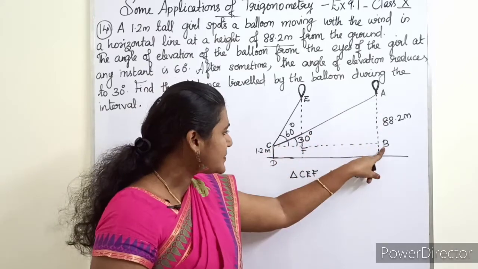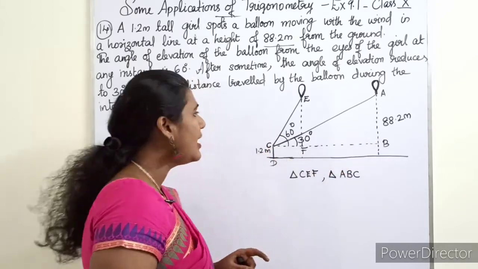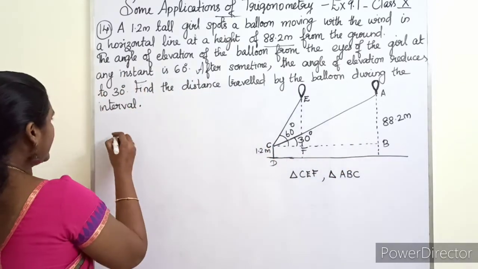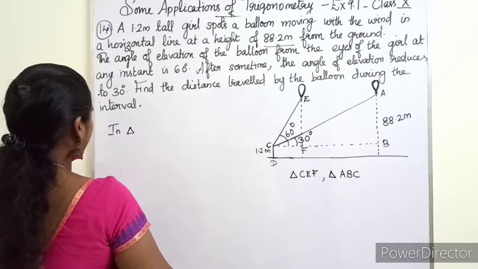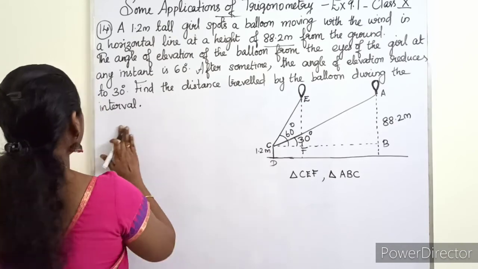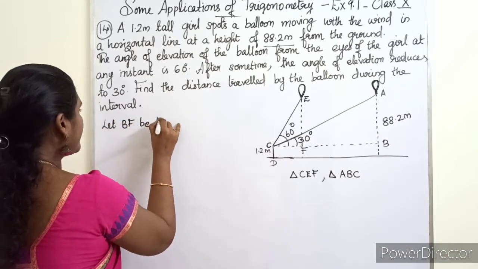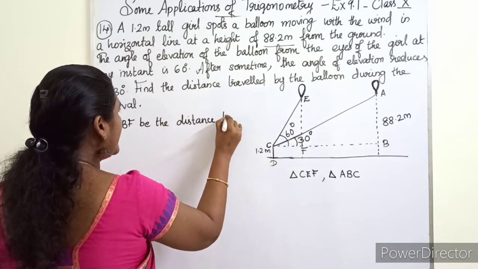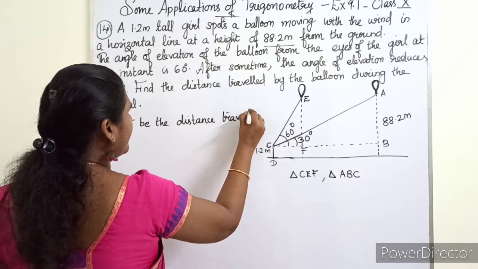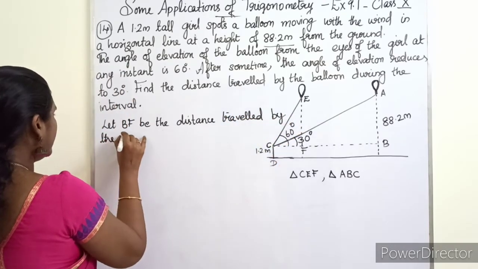Then if you subtract CF from BC, you will get the BF value. Let BF be the distance travelled by the balloon.